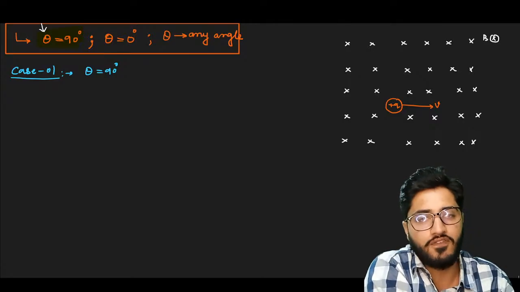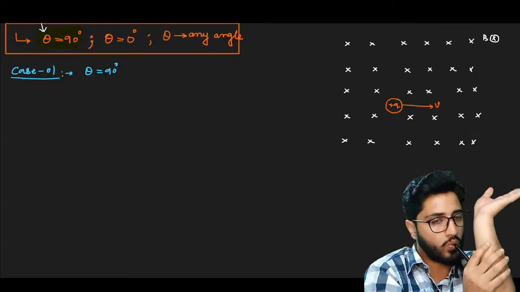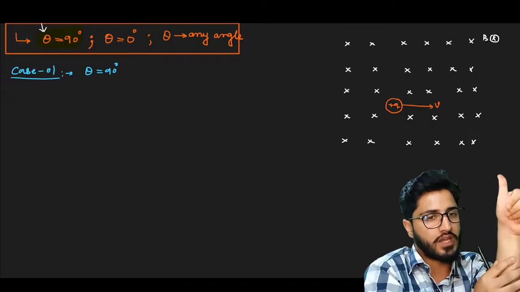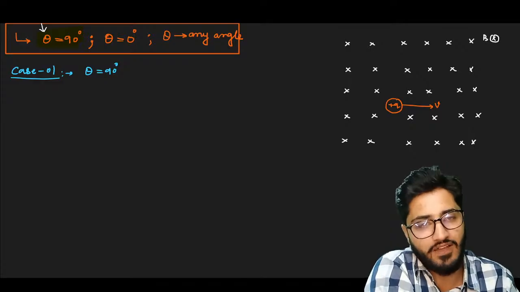Okay. Now, if we are placing the hand, look. Take your right hand, place it on V, and curl your fingers where B is. Now the thumb will give the direction of F. So you can easily get that my F is in this direction, the force.